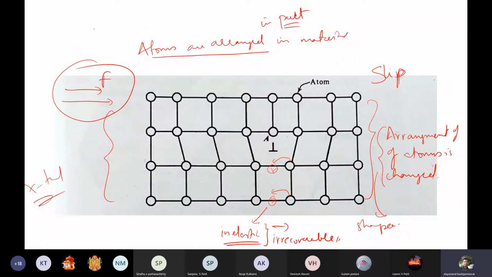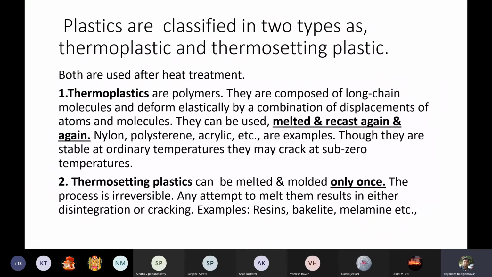You should remember this. Next, the types of plastics. Basically we classify plastics as thermoplastics and thermosetting plastics. What are thermoplastics?